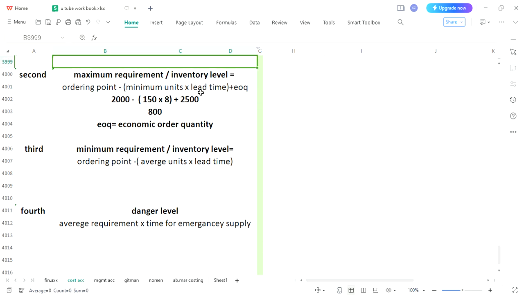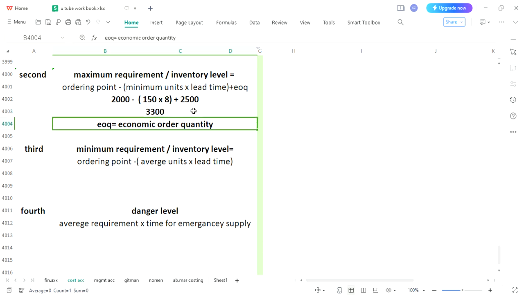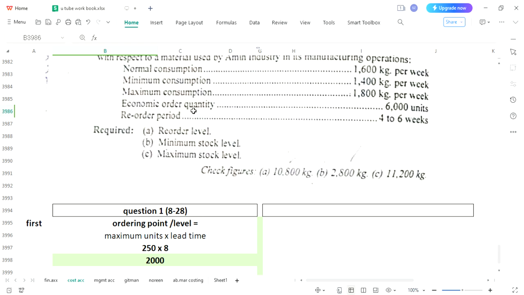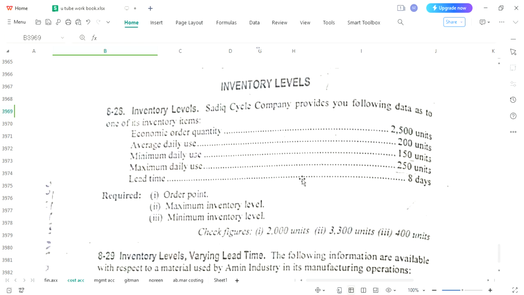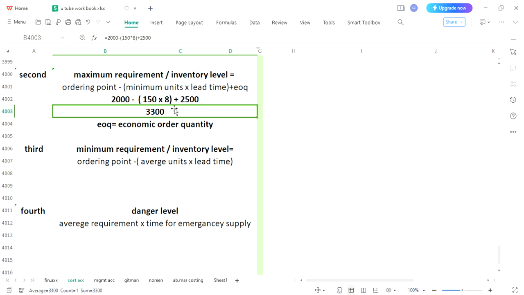The maximum inventory level has a third point, which is economic order quantity, and you add the economic order quantity 2500 in the calculation as well. We have got our second answer, so let's check it out. The second answer is 3300, and what we have calculated is also 3300. So mark it as completed.